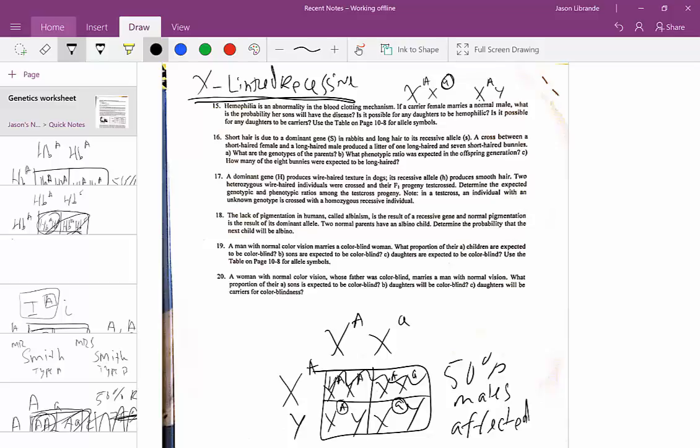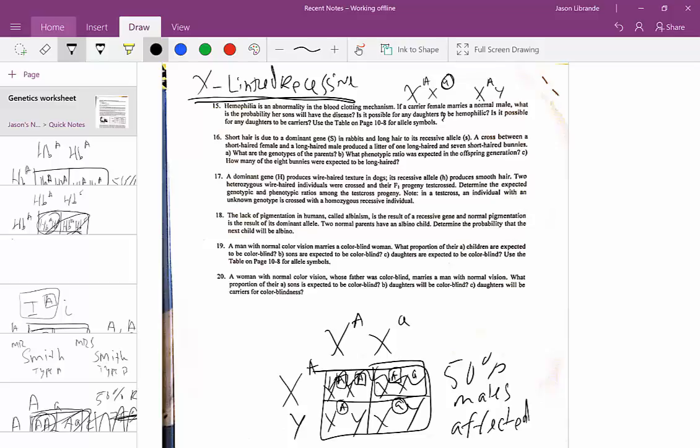Okay, so let's look at the daughters. It's impossible for any daughters to be hemophilic, so ignore that I crossed it out. So no. So here they have two uppercase A alleles, and here for the heterozygous or carrier daughter, she is a carrier. Again, she has one uppercase or dominant allele protecting her from hemophilia.